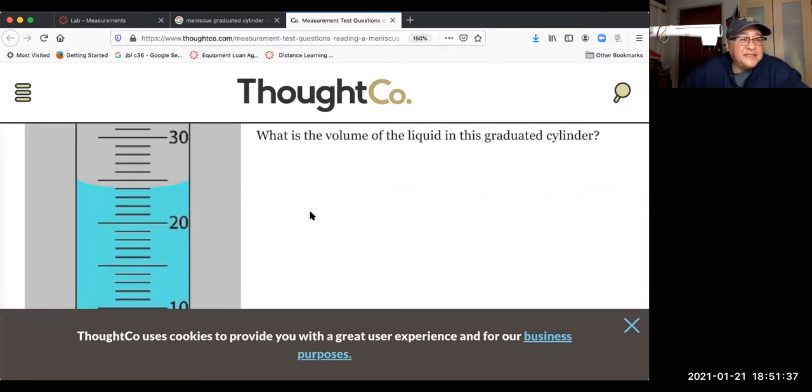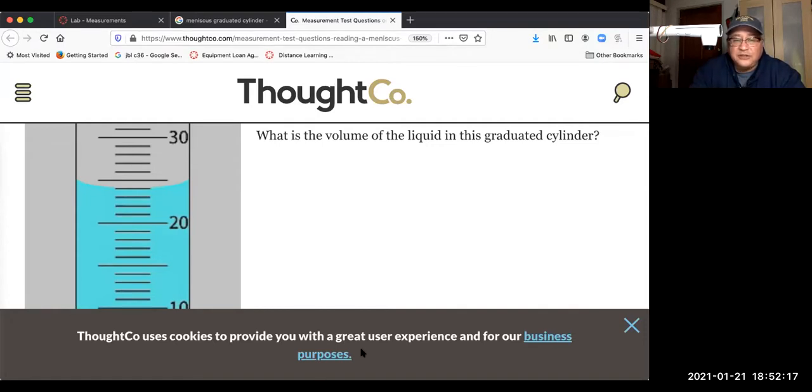Can everyone see that the meniscus is right on the 24? Can you see that? Right on the 24. So what would we write down for this value? Well, what we would do is we would say, okay, each line represents 1 milliliter. So we should be able to measure to 1/10 of a milliliter. How many tenths of a milliliter is this line past 24? And the answer is 0 tenths.